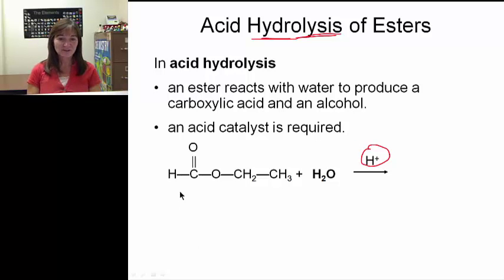So if we're going to do this, we're going to follow that general reaction scheme that I showed you before, and I told you to memorize those 3 steps. The first thing I recommend doing is writing water as HOH instead of H2O.